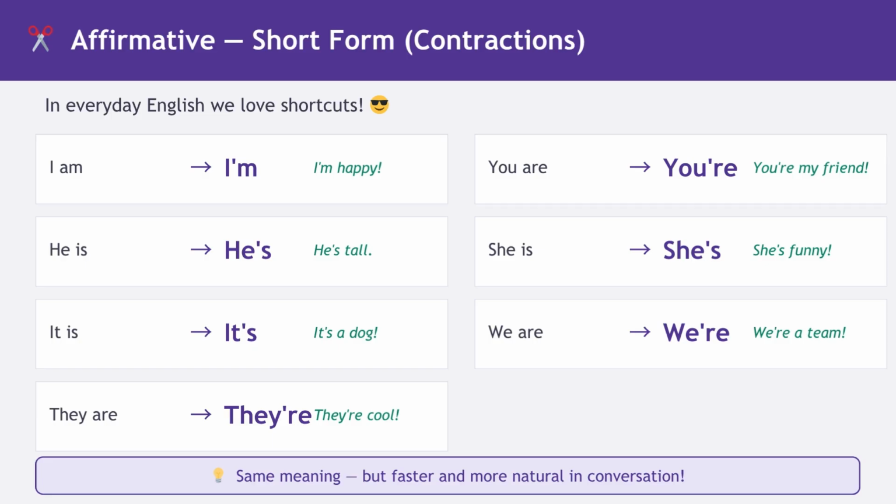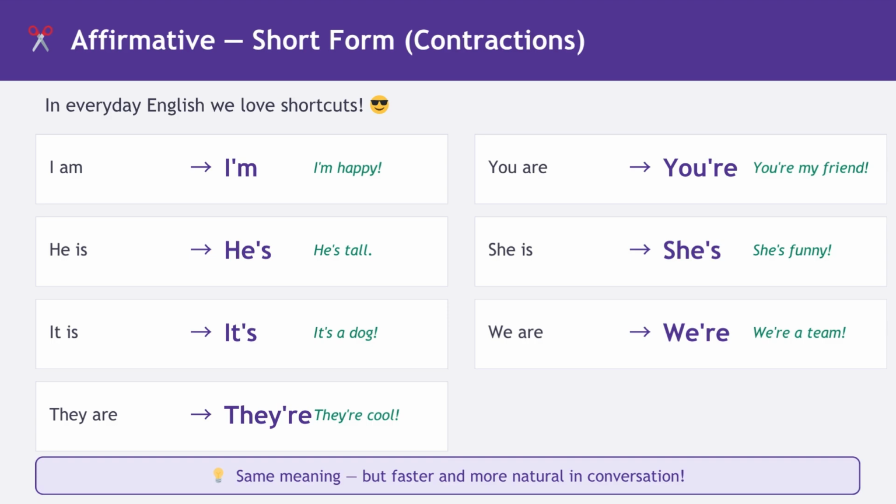Now the secret of English. English loves shortcuts. We use contractions in English, or short forms. Look, I am, I'm. I'm happy. You are, you're. You're my friend. He is, he's.